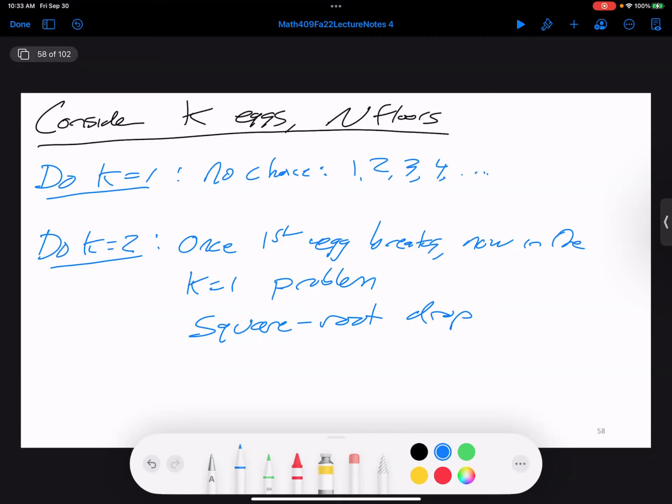So it turns out this is not the best strategy, because if the egg doesn't break, as soon as it doesn't break, we now have a smaller building.